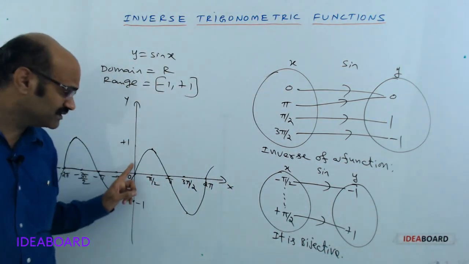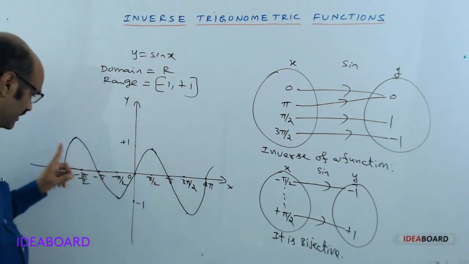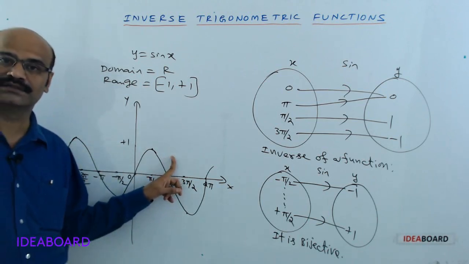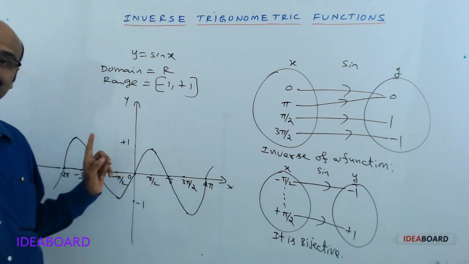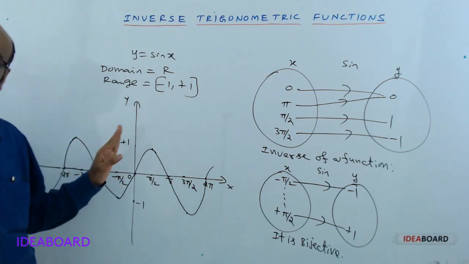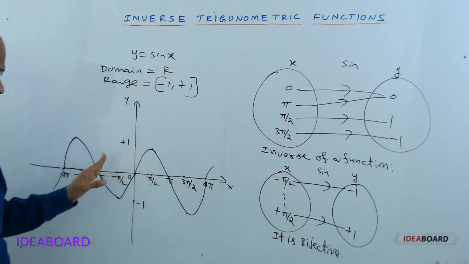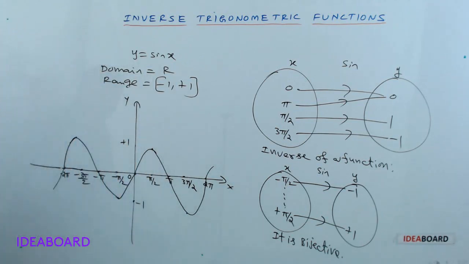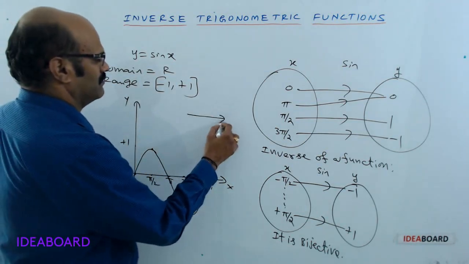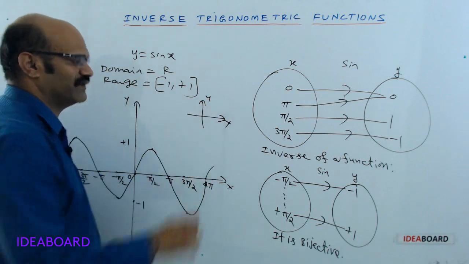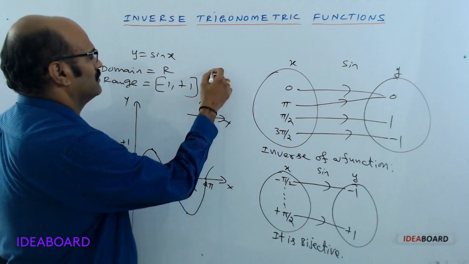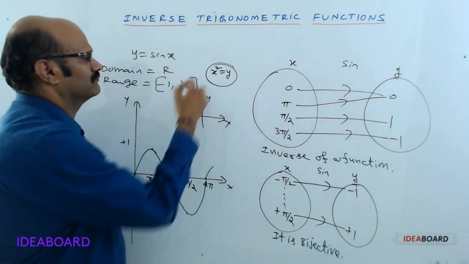The graphical test for a one-one function is this: if you draw a line parallel to the x-axis and it cuts the curve at more than one point, then we say that it is not a one-one function. For example, take x and y, and here x square equal to y.